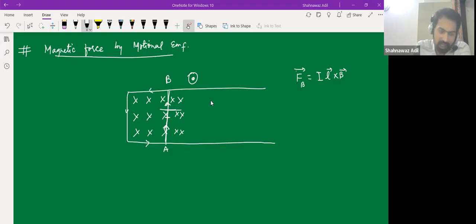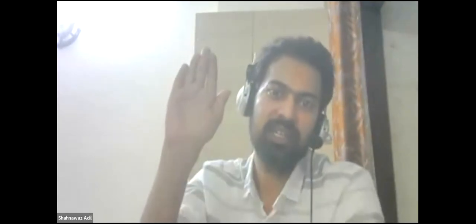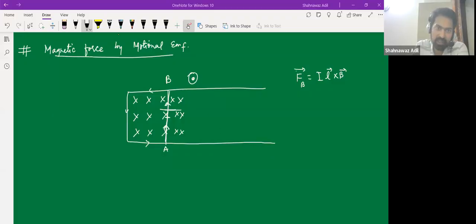So L cross B. L is upward, right? Palm is magnetic field. We curl our finger. What is the direction that we are getting? It is minus X.